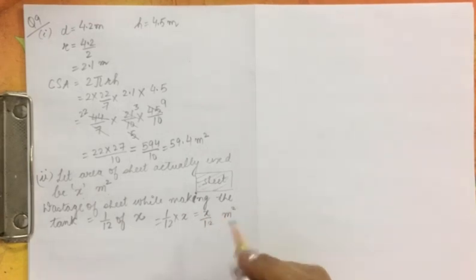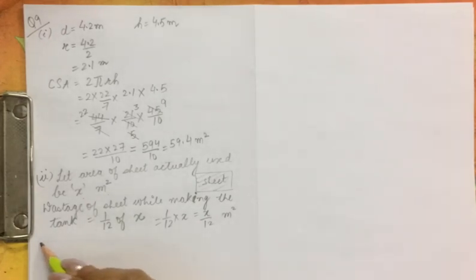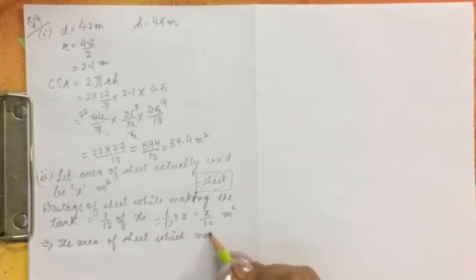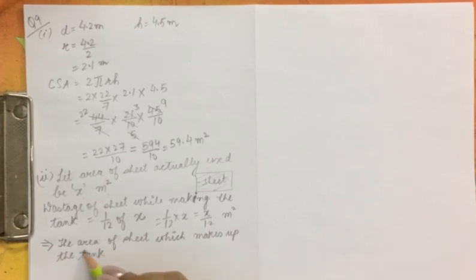Again, the wastage will be in terms of the area of the sheet that is wasted. Then this means the area of sheet which makes up the tank, the metal sheet that you actually see in the tank, is given by the material bought minus the wasted material.